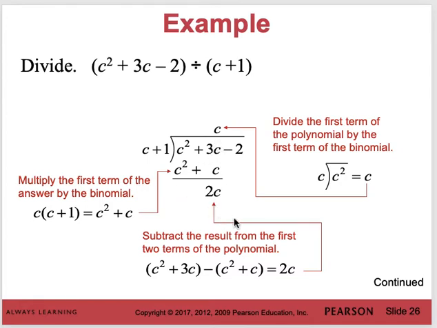And we can subtract the result from the first 2 terms of the polynomial and divide the first term of the polynomial by the first term of the binomial. C squared divided by c equals c in this case. And c squared plus 3c minus c squared plus c equals 2c here.